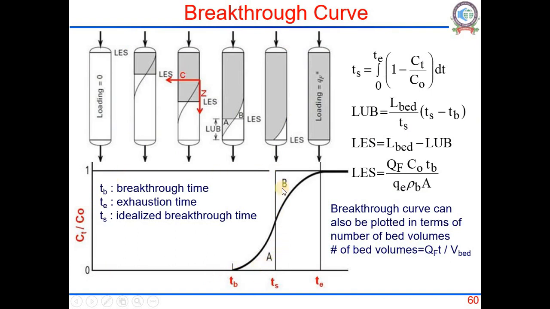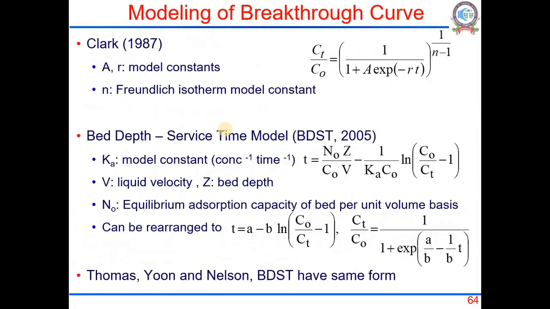If this is sharper and sharper, the difference between TS, TB and TE vanishes, or becomes smaller and smaller. So the length of the unutilized portion of the bed becomes smaller, and effectively we are utilizing more of the adsorbent in the bed.